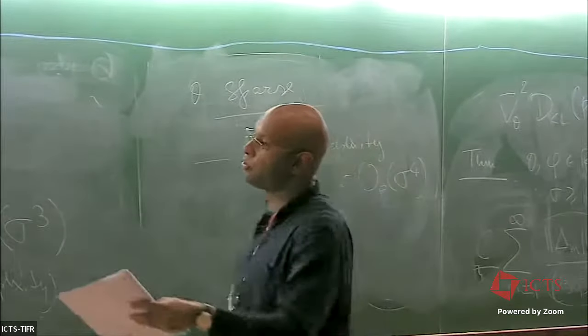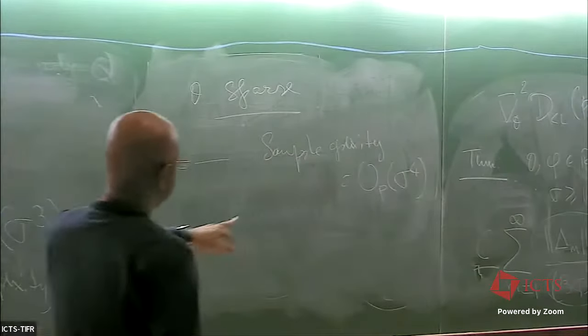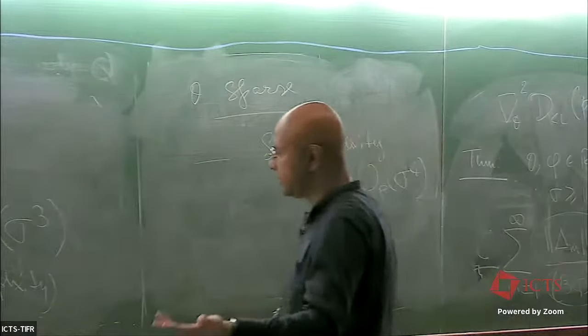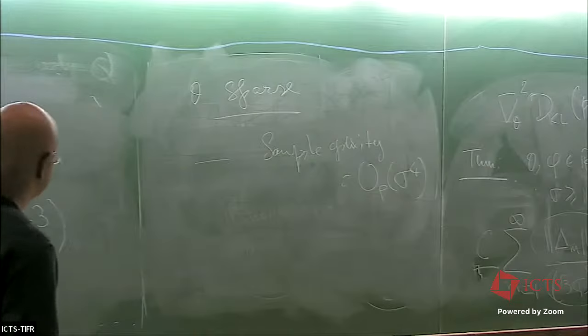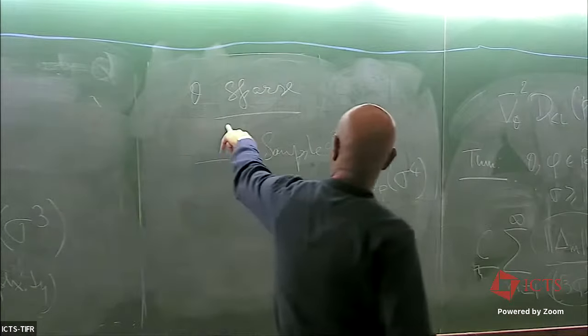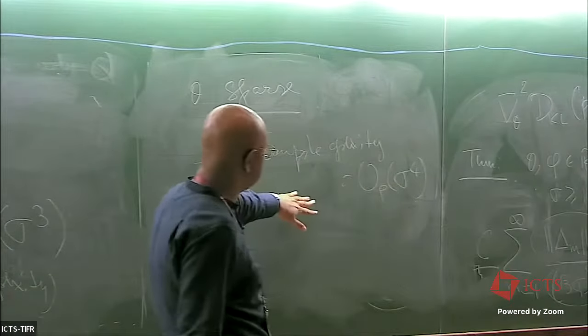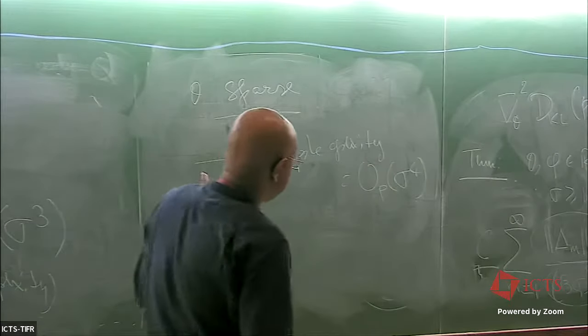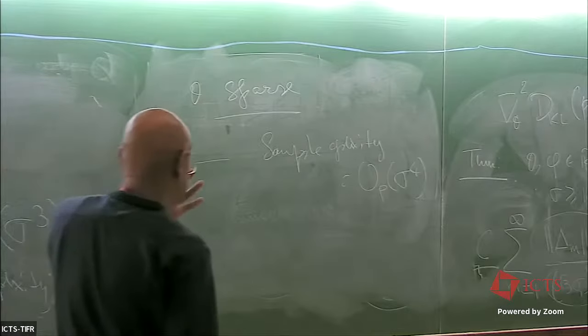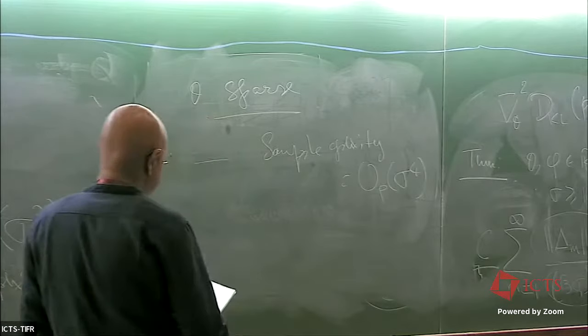If no group rotations were present, it would be sigma square. That's easy to see because of central limit theorem scaling sigma over square root n. Here it is sigma to the 6 when support is full. For theta sparse, this is going to be of the order sigma to the 4, which is an intermediate scaling that is not known in any other statistical model to our understanding.